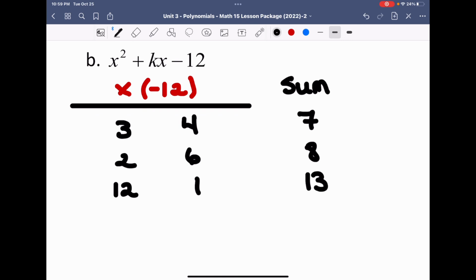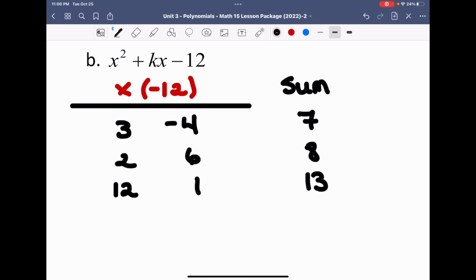And remember, because we could also have a negative involved here, in order to multiply to make negative 12, any of these could be a negative. So we could also get possible values where one of these is negative.